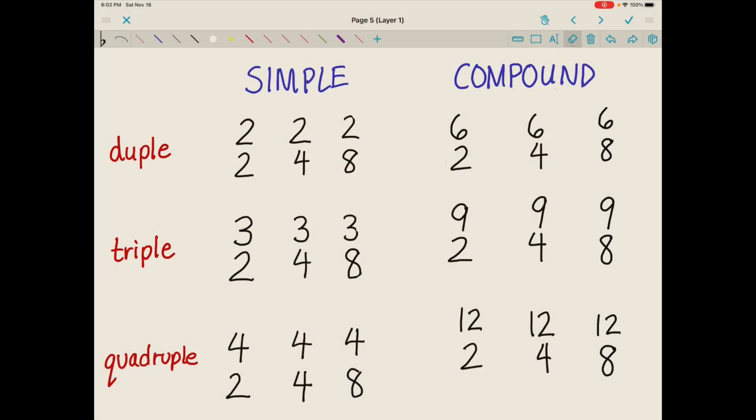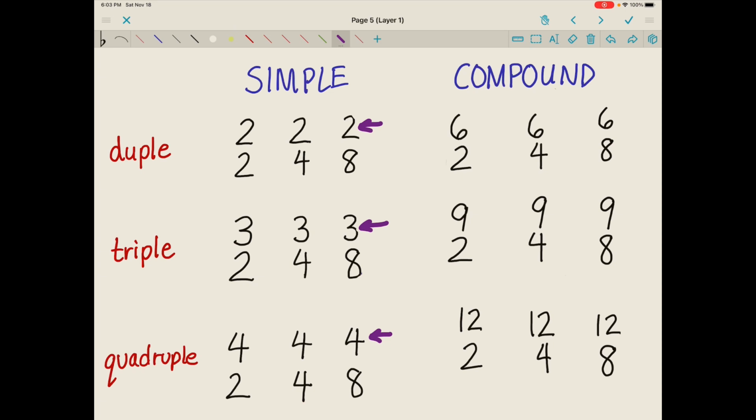Remember that when we are trying to categorize time signatures by their quality, whether they're simple or compound, or by their beat pattern, whether they're duple, triple, or quadruple, we don't ever need to look at the bottom number of the time signature. We just need to look at the top number. If it's a 2, a 3, or a 4, we can know that it's going to be simple time.